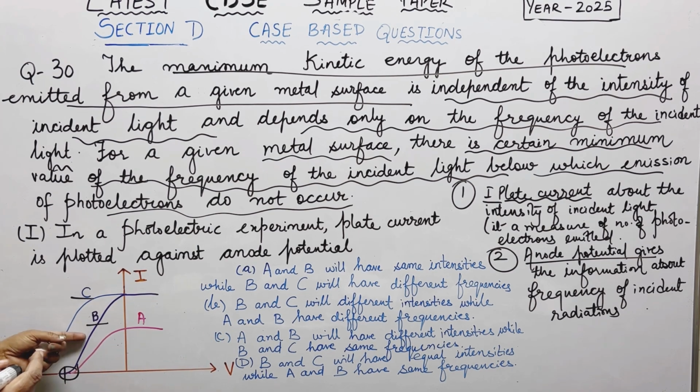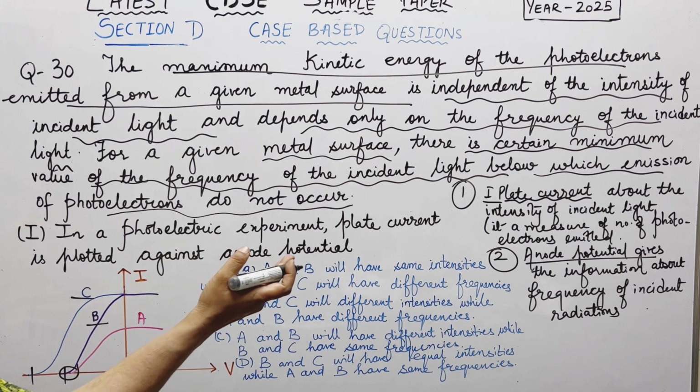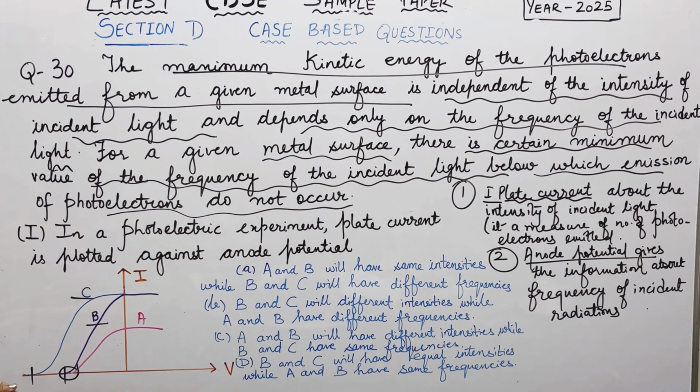So B and C, because they have different anode potentials, will have different frequencies. And A and B, since saturation current is the same, have the same intensity. So this is the concept we have got from these two facts. So A and B are at the same intensities, and B and C have different frequencies. So let us see.